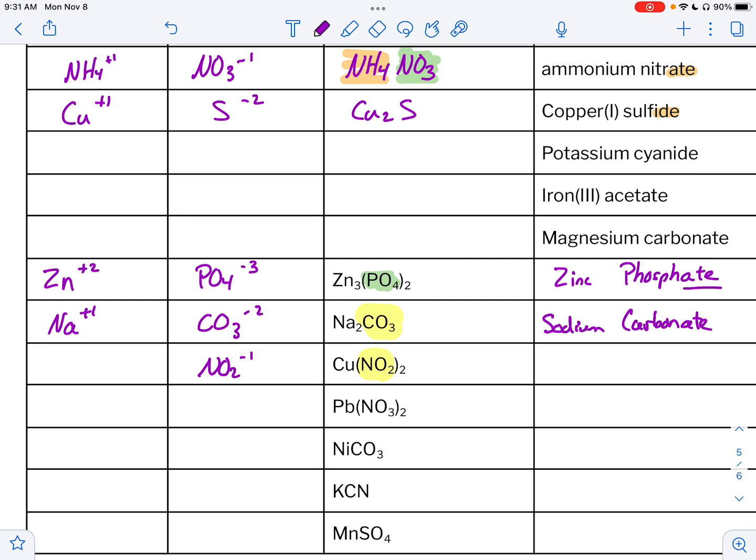Nitrite has a -1 charge. Since there's two of them, I have a total of -2 on this side. With one copper, that means this must be a +2. So this copper ion is a +2. It's using that in this compound, so I'll put it in the name. Roman numeral 2 is a +2 copper, and we're using nitrite, ite ending. So be careful with the ates and the ites.